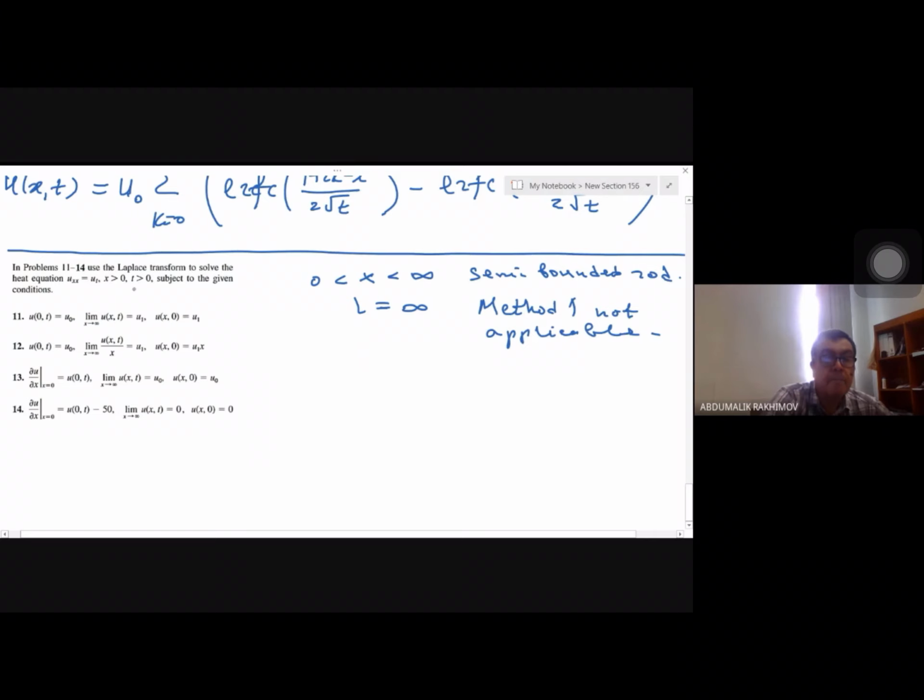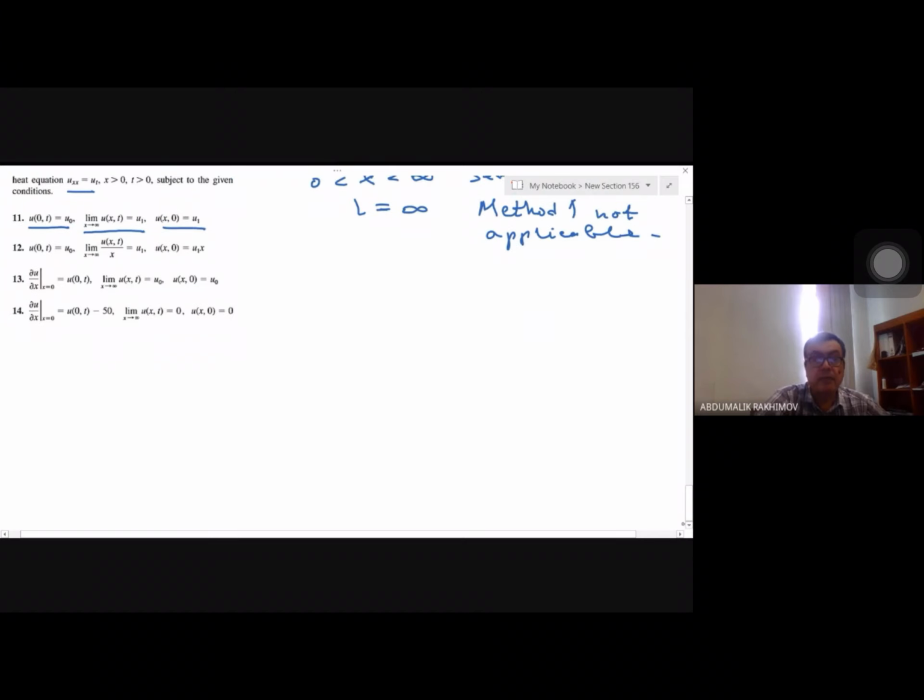Let's write the equation. So we have one boundary condition here, because only x equals 0 is a boundary. At infinity, we have another condition, the condition at infinity, and the initial condition. Let me write this as number 11, as usual. The equation is ut is equal to uxx.